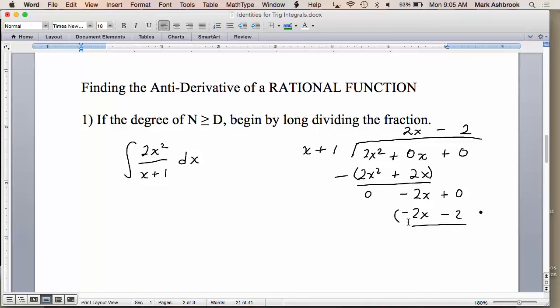We subtract. That's 0. That's what we wanted. This is plus 2. Nothing else to bring down. So this is our remainder, right? So this fraction 2x squared over x plus 1 is the same as 2x minus 2 plus 2 over x plus 1.